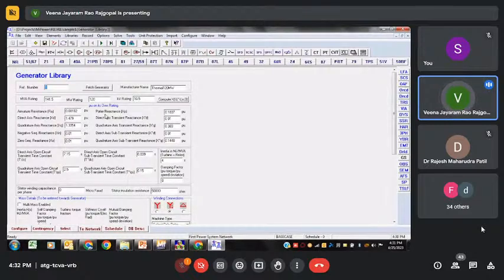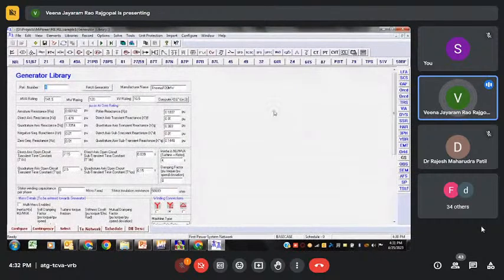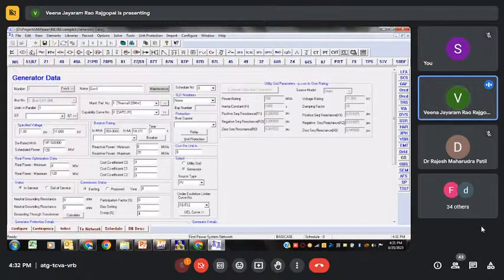This is basically the manufacturer details, and also whether it is star grounded, and any mass details. The level of data required depends on what kind of study you're doing. If it is only a load flow analysis, the armature resistance, reactance, all those things will not have any impact on the studies. So depending on the study, you can enter the data. So I've added one generator here.